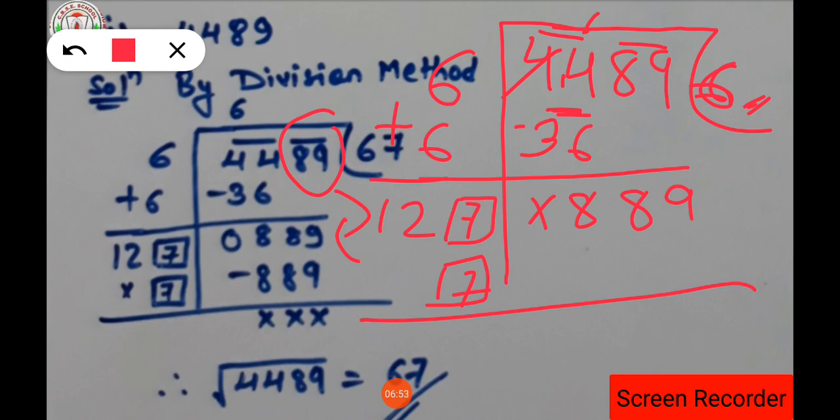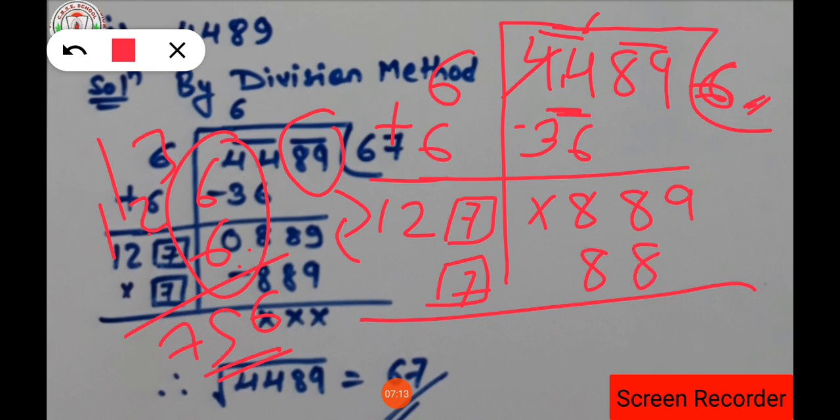Suppose I am taking 6: 6 6 is 36, isn't it? 6 2 is 12, 12 plus 5 is 15. Carry 1. Then 6 and 7. So it is less than the number. That's why we are not taking this 6. So while taking 7, 7 7, 889 will come as the number.